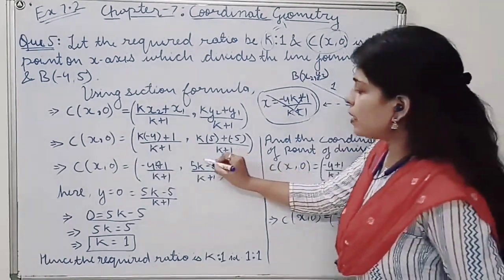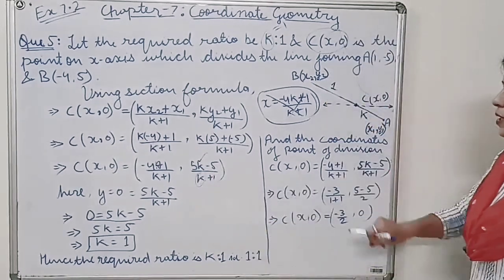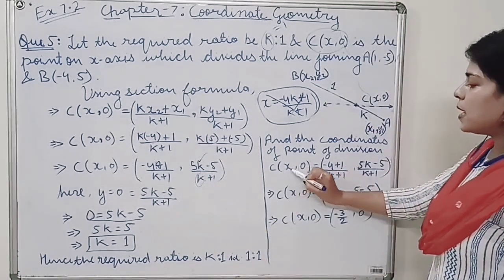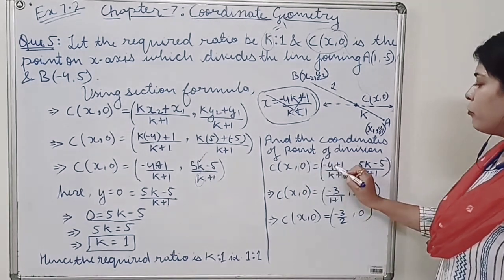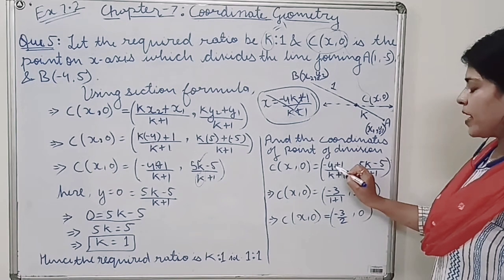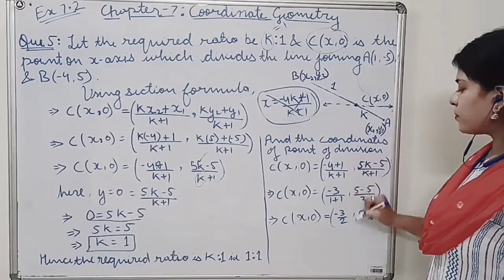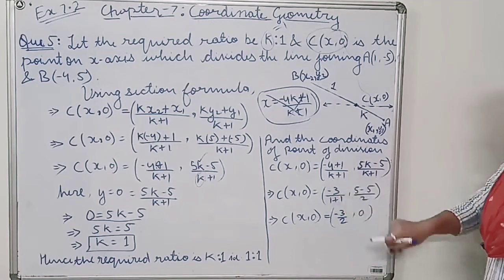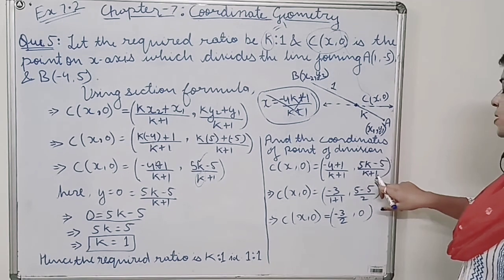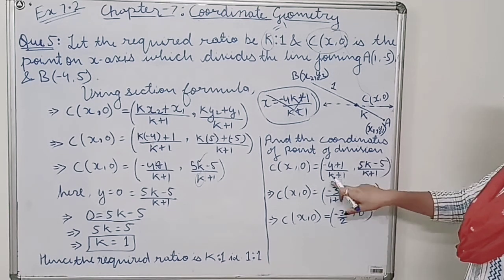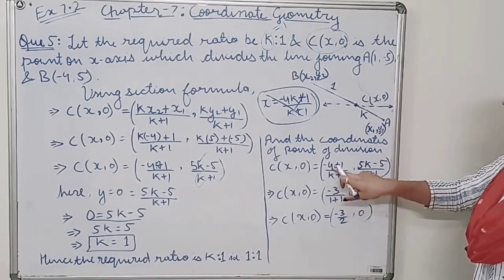Now we have got the value of k, so we put the value of k here. Cx0 equals minus 4 into 1 plus 1 upon k plus 1, where the value of k is 1, and the y coordinate is 5k minus 5 upon k plus 1. Here we have minus 4 into 1 plus 1, which is minus 4 plus 1.